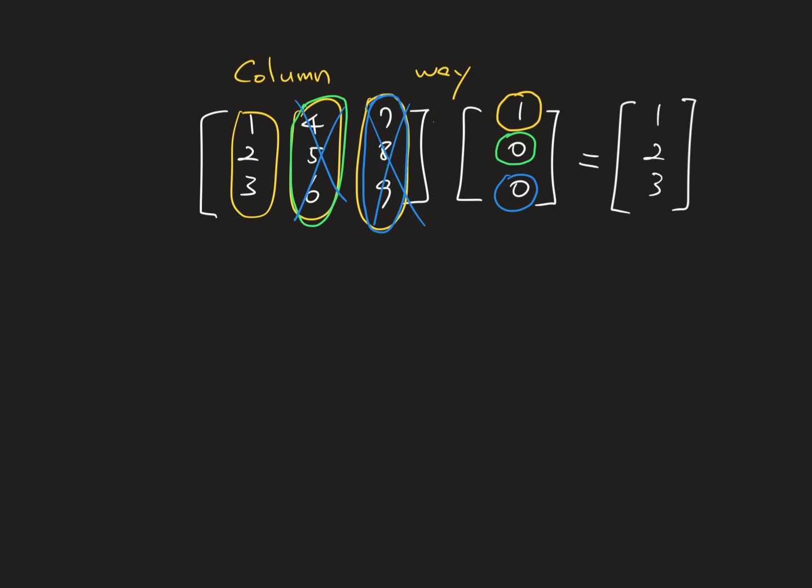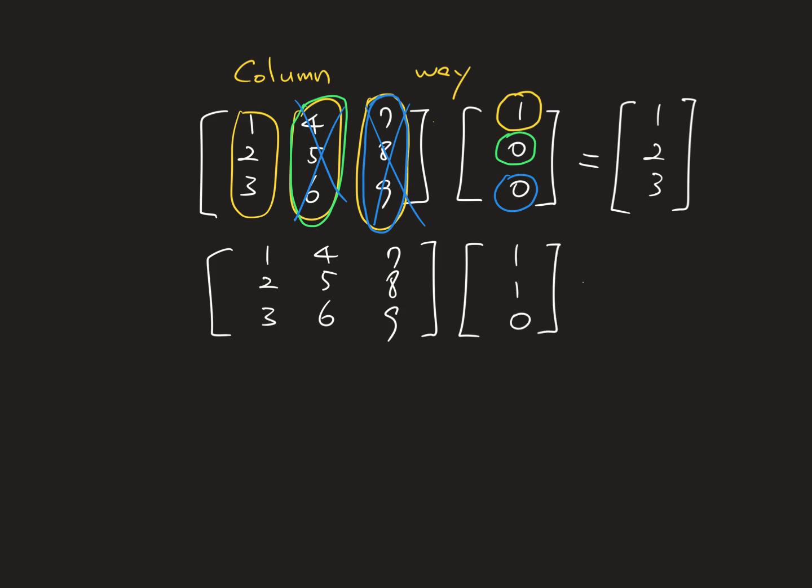And another example could be 1 2 3, 4 5 6, and 7 8 9, for example. If the vector is 1, 1, 0, the weight for this column is 1, and then the weight for this column is 1, and this is 0.